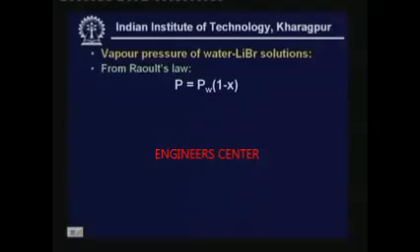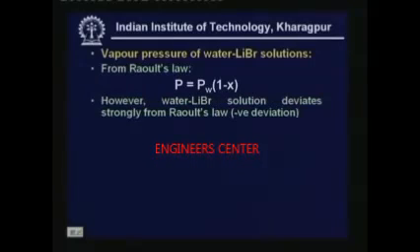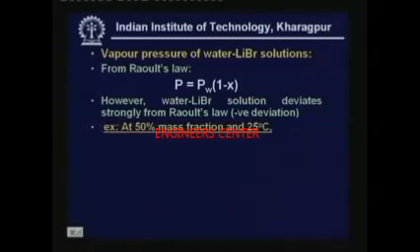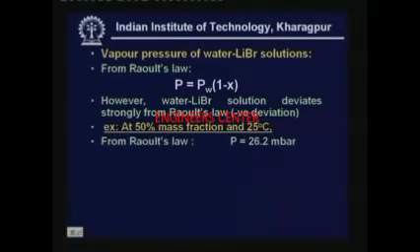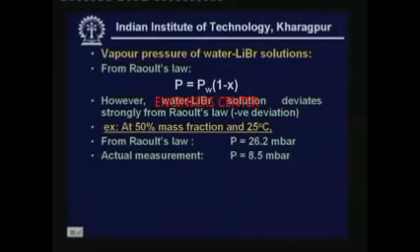But we have seen that water lithium bromide solution deviates strongly from Raoult's law, and this deviation is a negative deviation. Let me give a small example. At 50% mass fraction and 25 degrees centigrade, Raoult's law predicts that the vapor pressure is equal to 26.2 millibar, but actual measurements of the solution show that the pressure is 8.5 millibar.